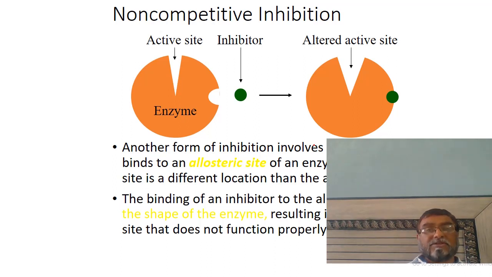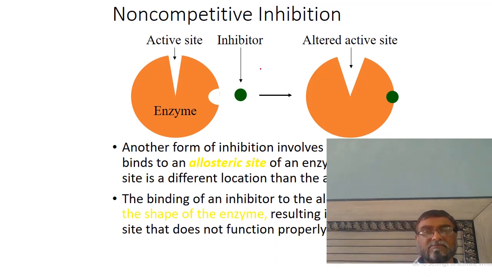The non-competitive inhibition works at a place other than the active site. For example, this is the inhibitor, and when it is attached to the enzyme, it changes the configuration of the active site, so the substrate cannot be positioned at that point.